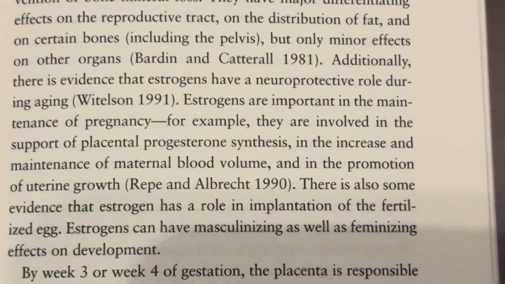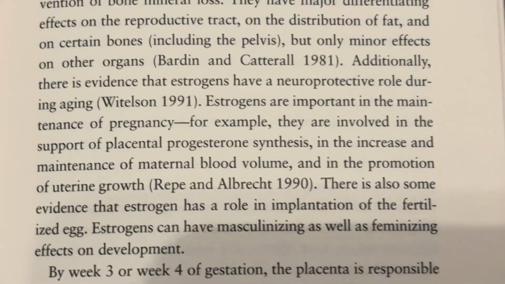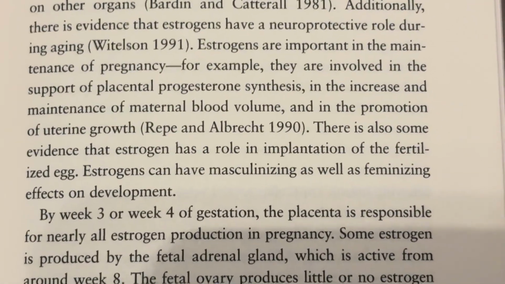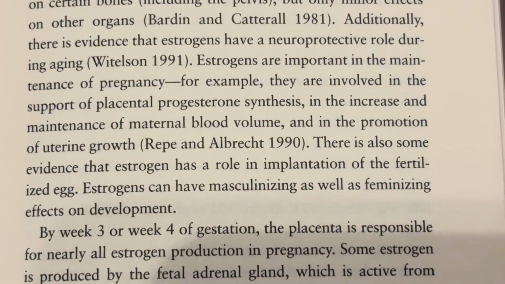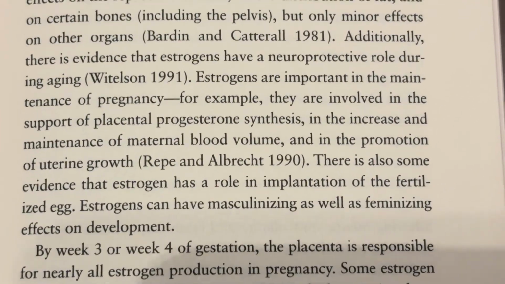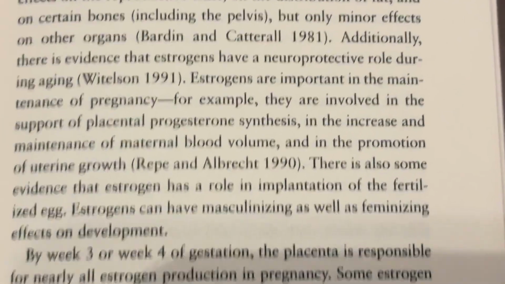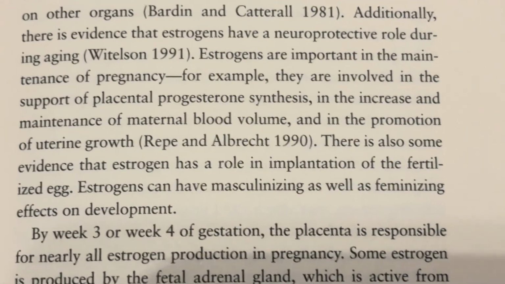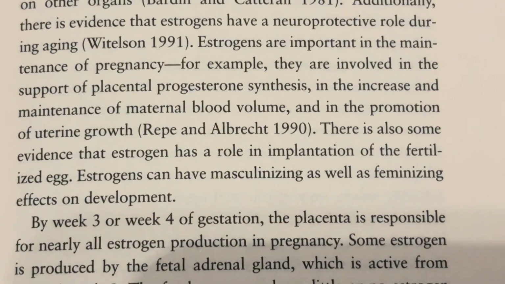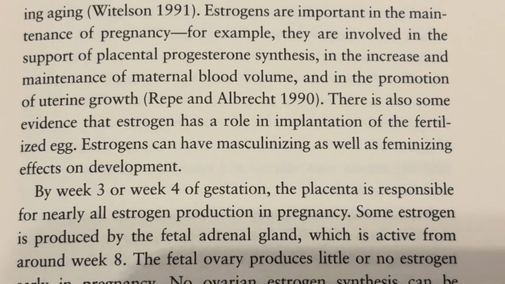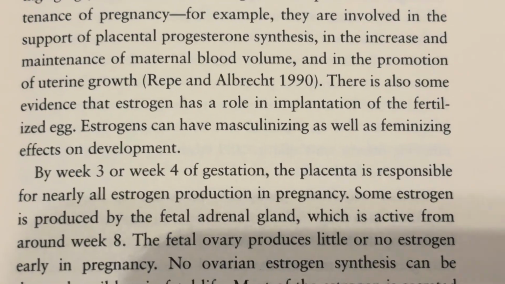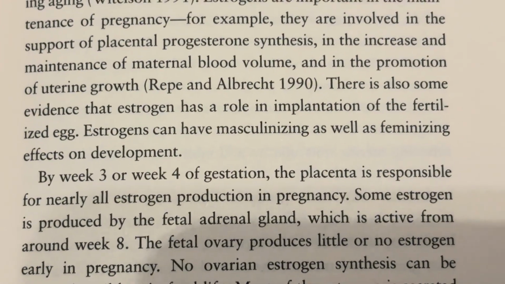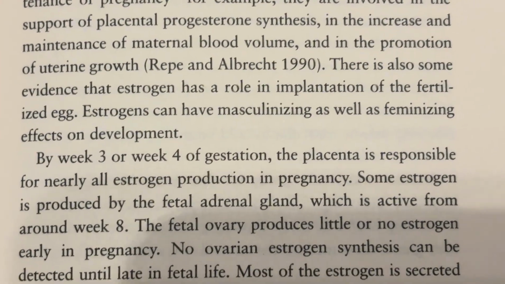Estrogens are important in the maintenance of pregnancy. For example, they are involved in the support of placental progesterone synthesis. And synthesis means creation. When your body synthesizes a thing, it's created from the body itself. They are also involved in the increase and maintenance of maternal blood volume, and in the promotion of uterine growth. There is also some evidence that estrogen has a role in implantation of the fertilized egg.